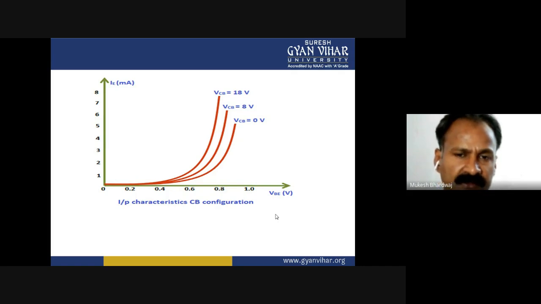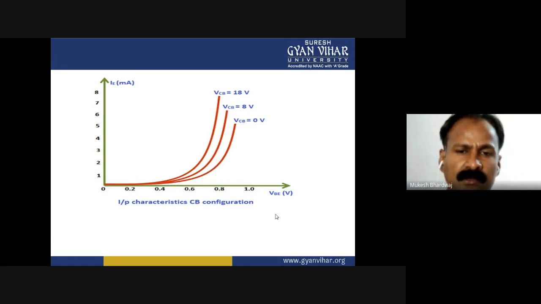And as we change the collector base voltage to 8 volt and keep it constant, and just increase the base emitter voltage, then we get another curve of emitter current, which is in the middle. And if we keep the collector base voltage constant at 18 volt and start increasing the base emitter voltage, we get the emitter current as the third curve.